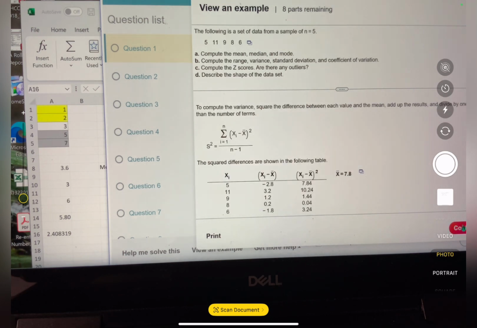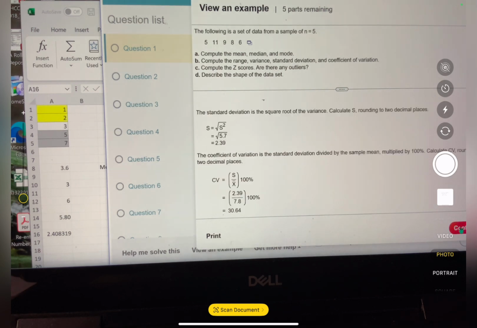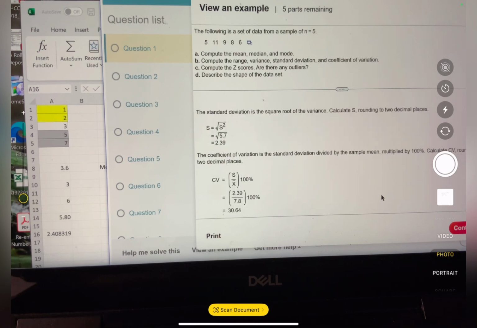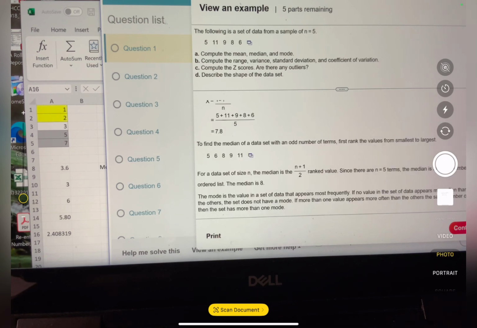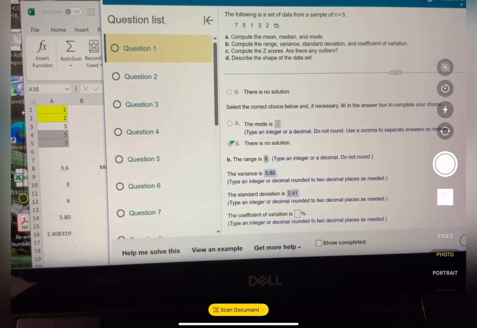Let me see. Okay. So we are using standard deviation of the sample to find coefficient of variance. So my standard deviation of the sample is 2.41.